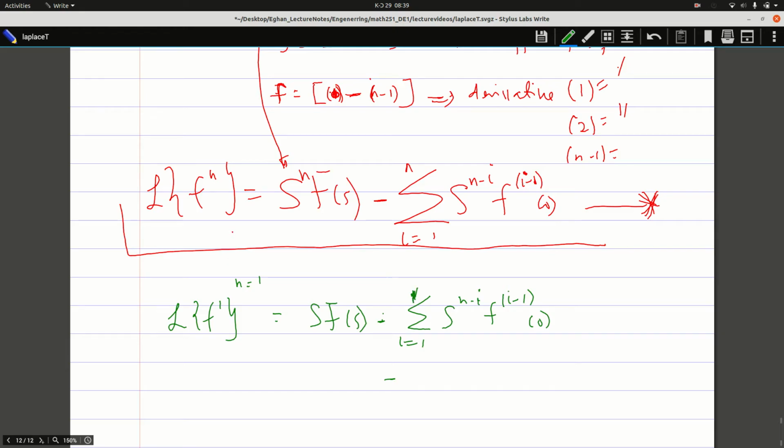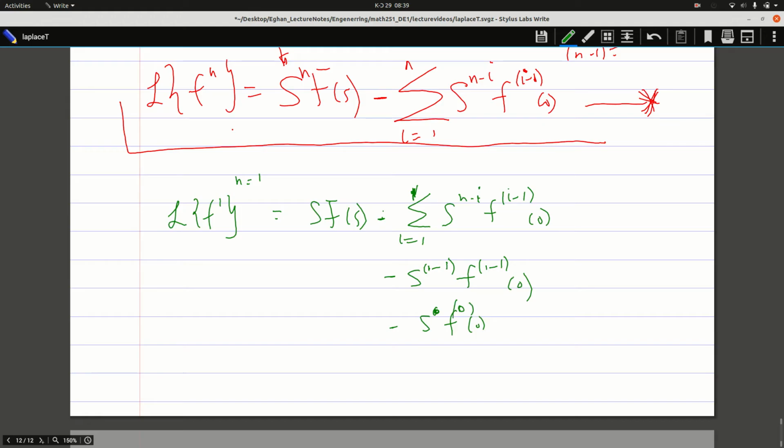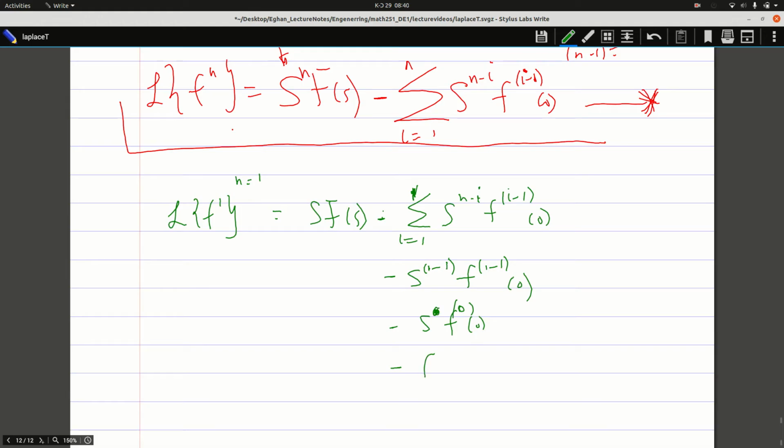I have s to the 1 minus 1, f to the 1 minus 1 of 0. This is s to the power 0, f to the 0 of 0. Now this is an index, so s to the power 0 is 1, but this is not an index. It means there's no derivative of the function, and we've established that.